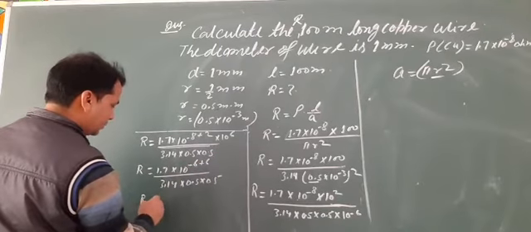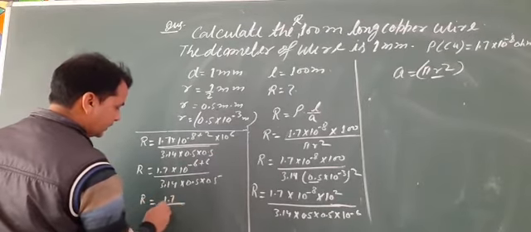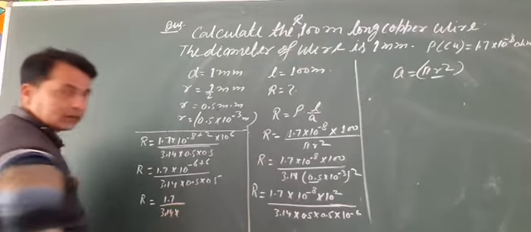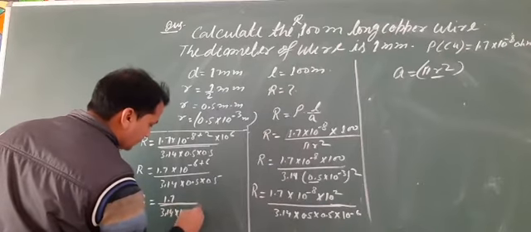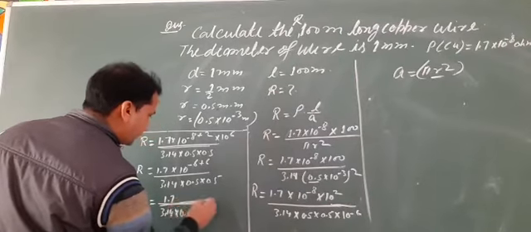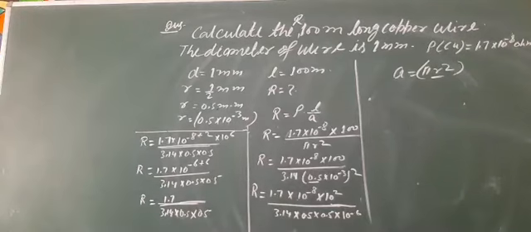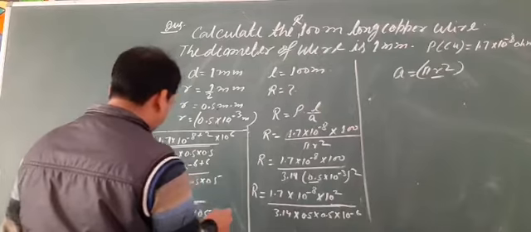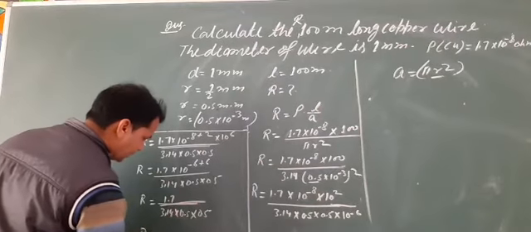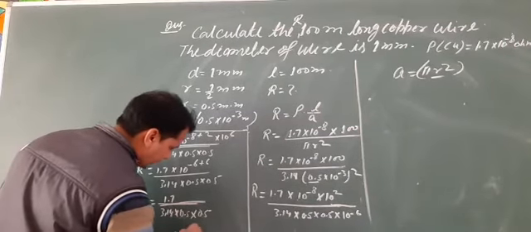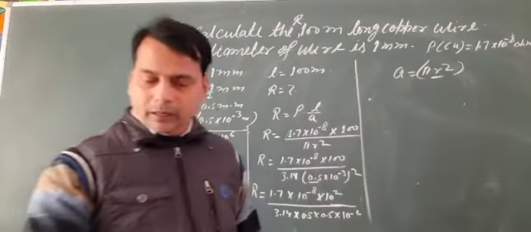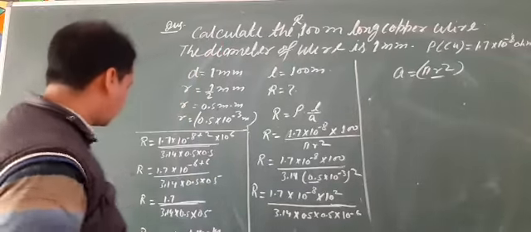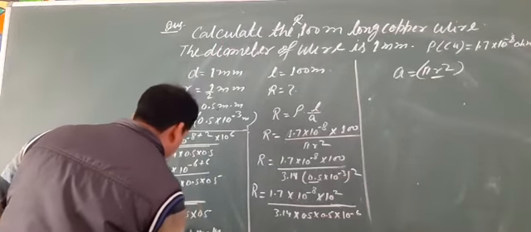Minus 6 plus 6 equal to 0. So the value of R equal to 2.16 ohm meter. So the resistance of the wire is 2.16 ohm meter.